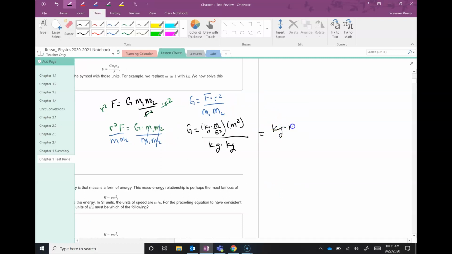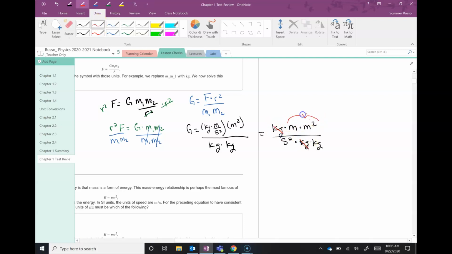Kilograms times meters squared over seconds squared times kilograms. Now you're able to see where things are going to cancel. We have double sets of kilograms, so this is going to cancel with this.